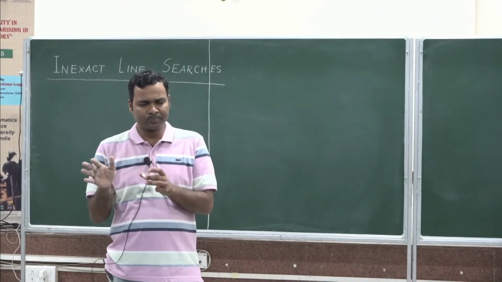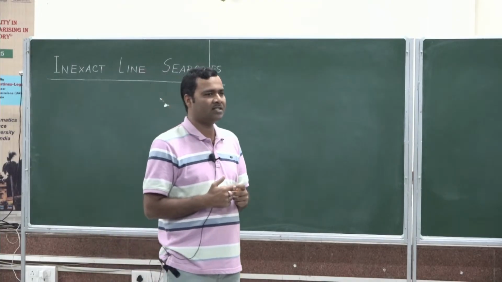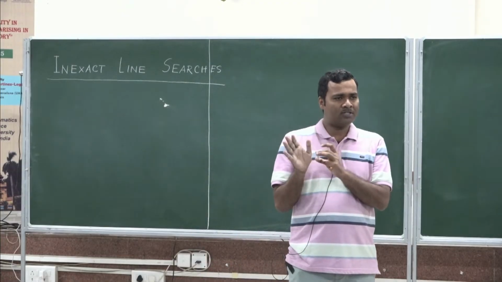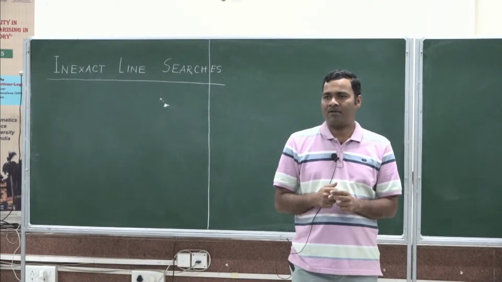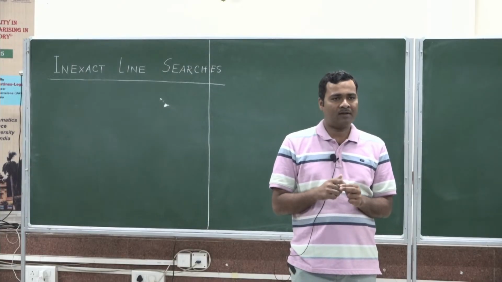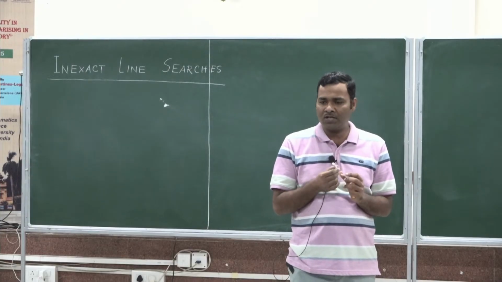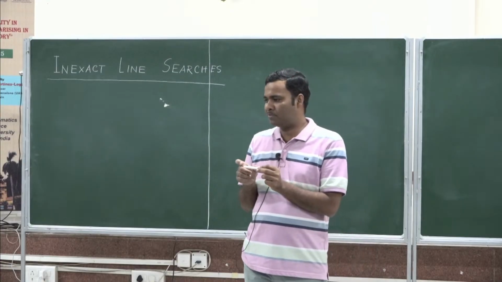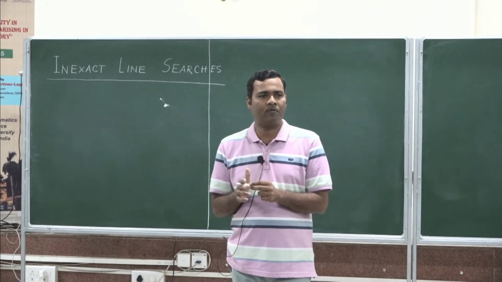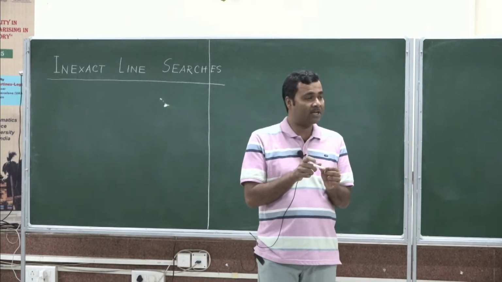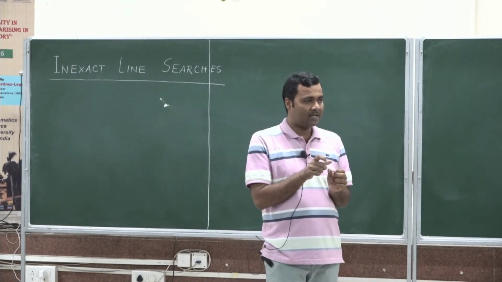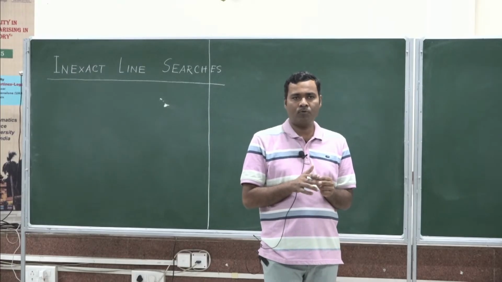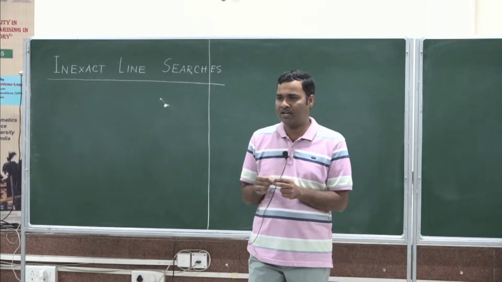Although today several bypasses are there, with conjugate gradient plus Armijo conditions, earlier, without any trick, if you follow the conjugate gradient direction and take the step length as weak Wolfe, or Armijo backtracking, or Armijo Goldstein, then it was not known how to prove the global convergence of the conjugate gradient method.